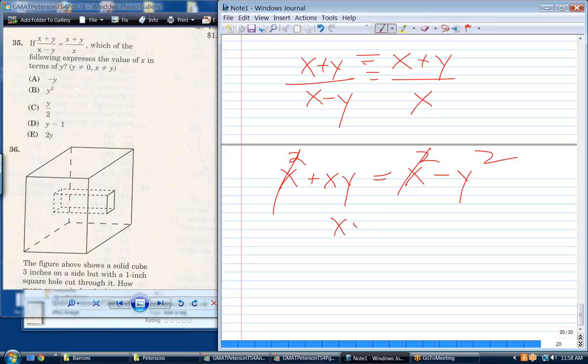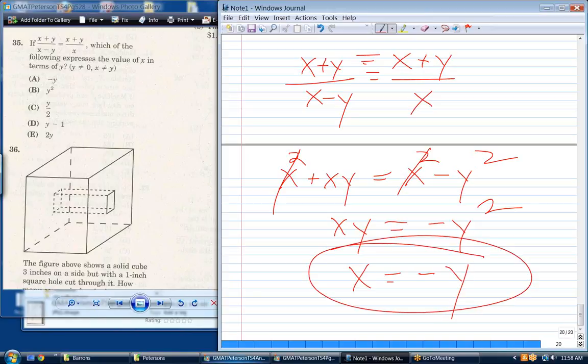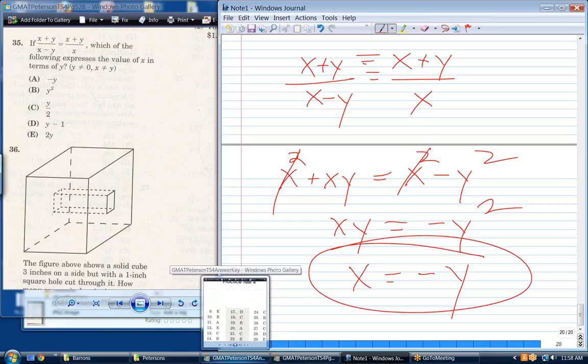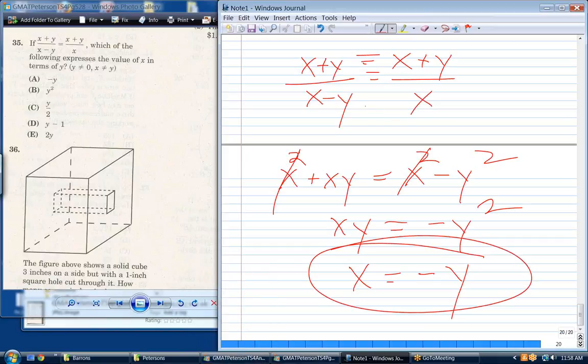Now I have xy equals minus y squared, and if I divide both sides by y, I will get x equals minus y. Wow. Oh, so A is the answer. But I'm shocked that it made a difference. Interesting.